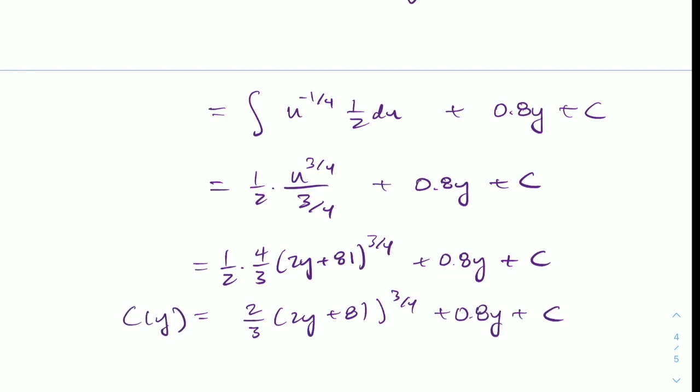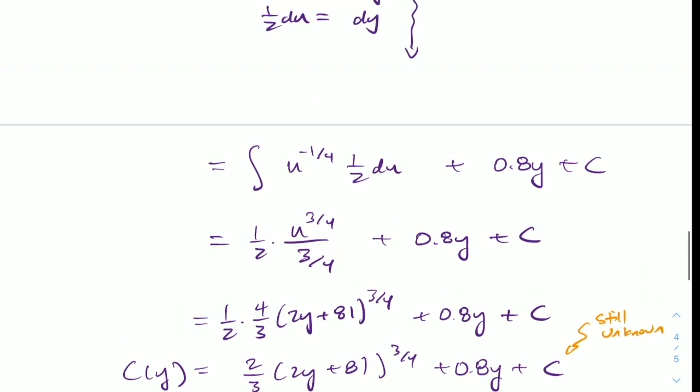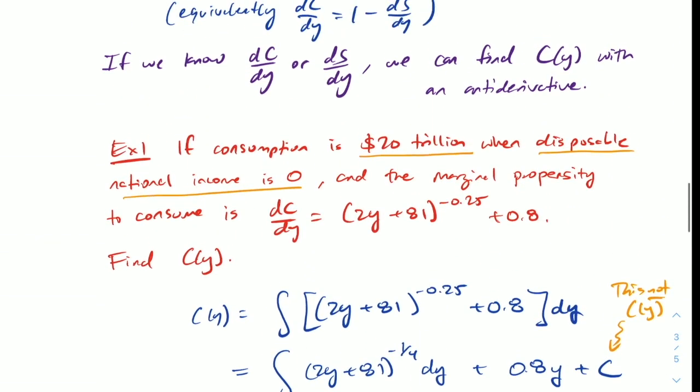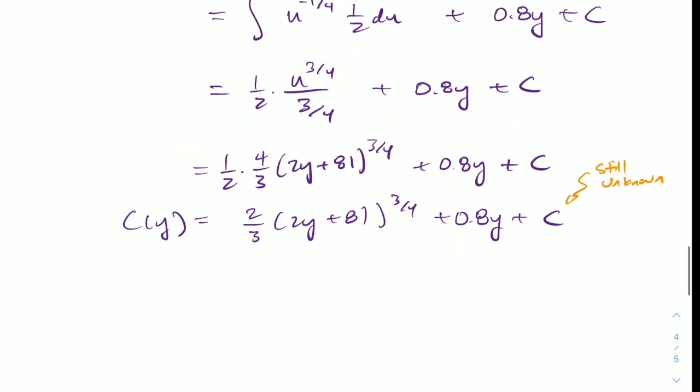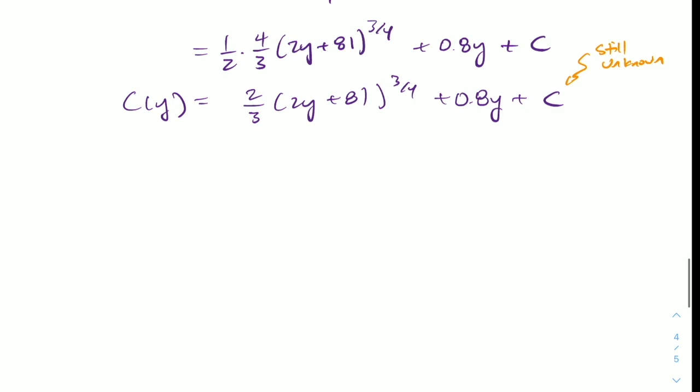We still don't know the c, still unknown here. So we need to go back to our initial statement, and we'll note that the national consumption is 20 trillion when the disposable national income is 0. So the left-hand side is 20 when Y is 0.